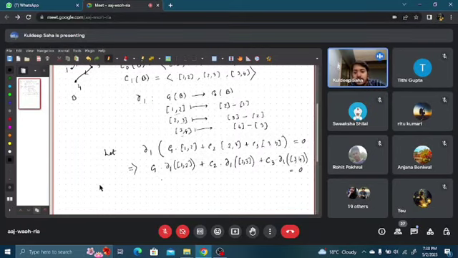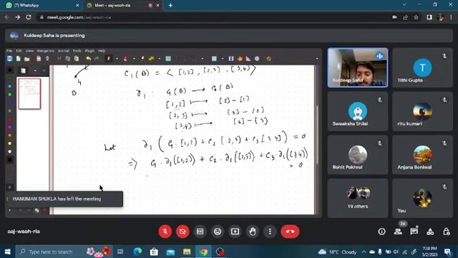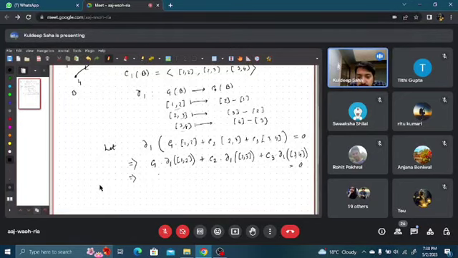This is from the property of group homomorphism. The coefficients will come out, and by distributiveness I can distribute delta 1 over the elements of the sum. So then what does it give me? It gives me c1 times 2 minus 1, plus c2 times 3 minus 2, and c3 times 4 minus 3.